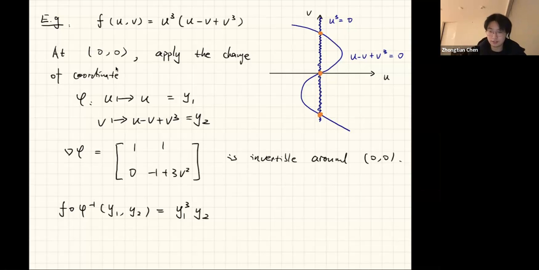So this point is normal crossing because we can find a coordinate in which f is a monomial.